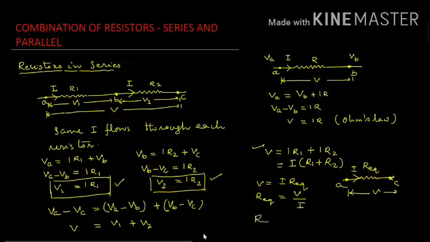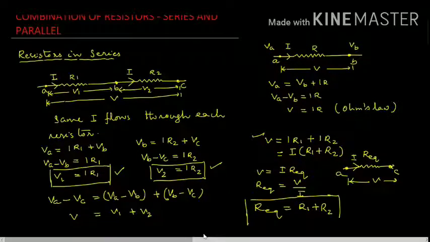Thus R equivalent is equal to R1 plus R2. This is the equivalent resistance of two resistors connected in series.